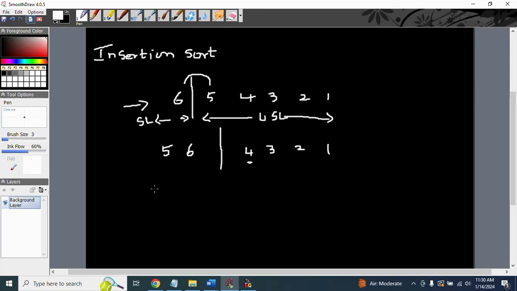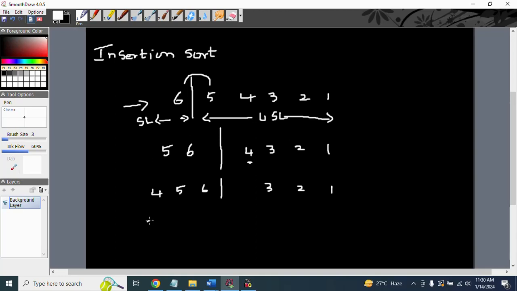Then 4, 5 and 6 settle in the sorted list in the next iteration. Then I am left with 3, 2, 1. I'll compare 3 with 4, 3 with 5, 3 with 6, to make sure that 3 settles in its right position.